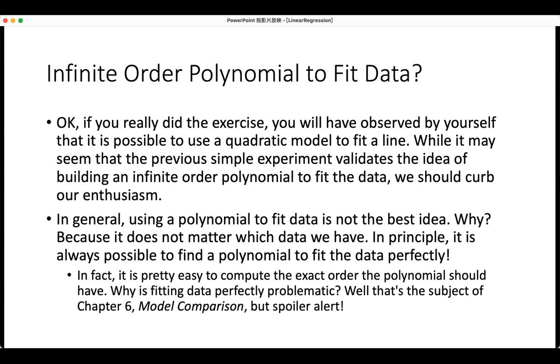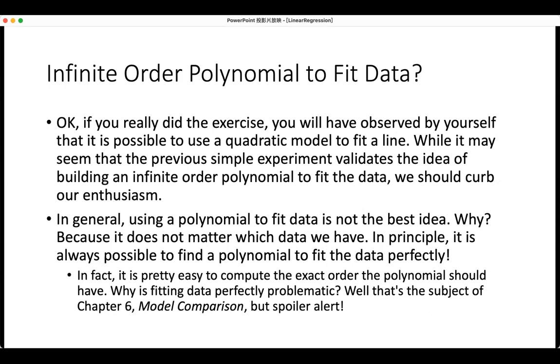For example, if you have 2 points, then a linear model will always cover those 2 points, right? For 3 points, we just need a polynomial of order 2, right?